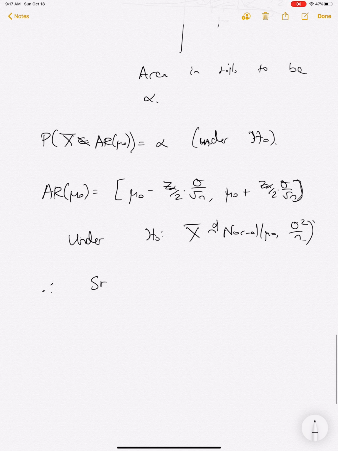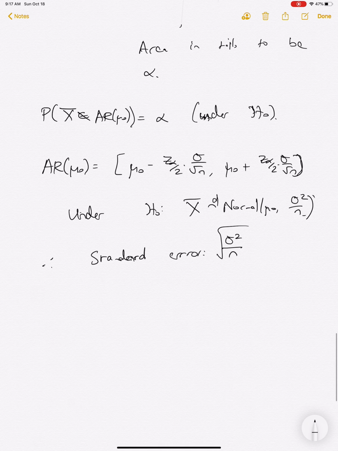Therefore the standard error is the square root of sigma squared over n, and that's why we get this. And so let's compare these two.